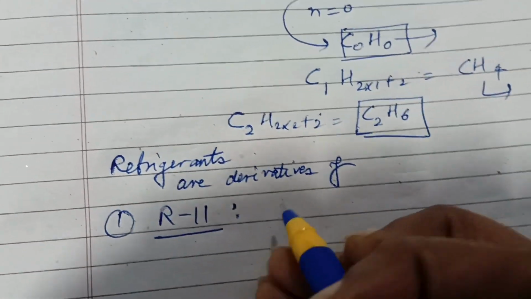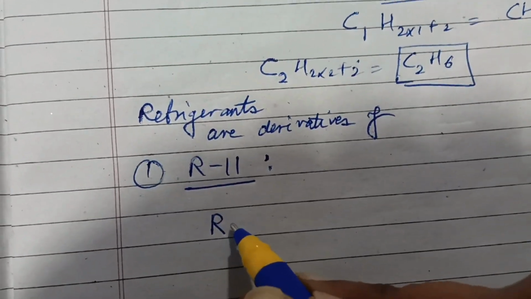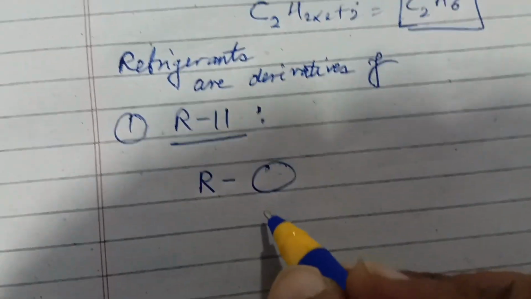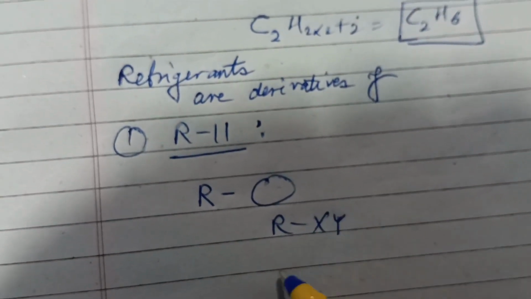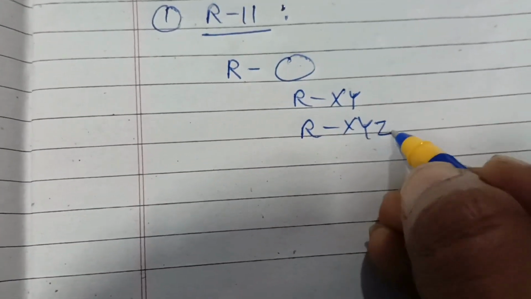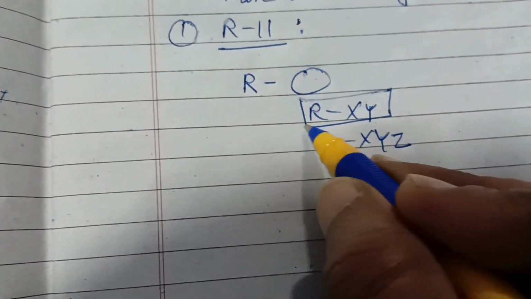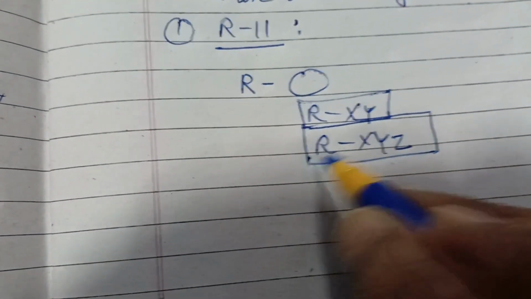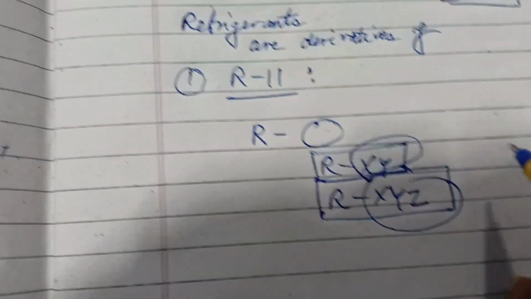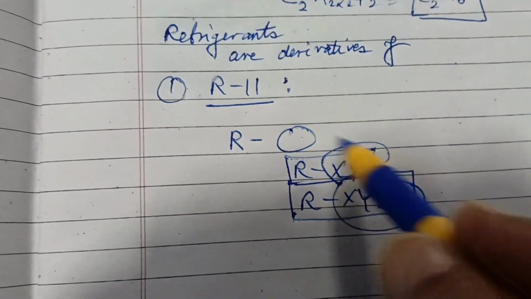Usually you will see a three digit or two digit figure next to R, say RXY or RXYZ. In this video I will cover two-digit and three-digit refrigerants, because more likely the questions come from this category only.